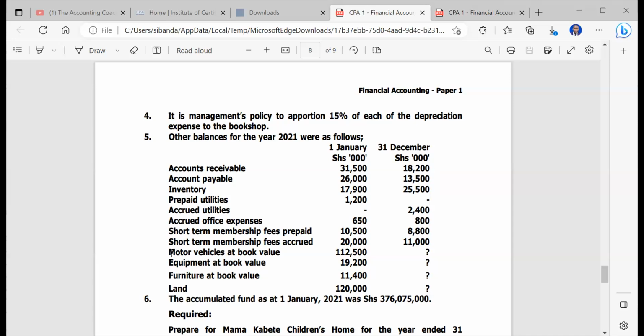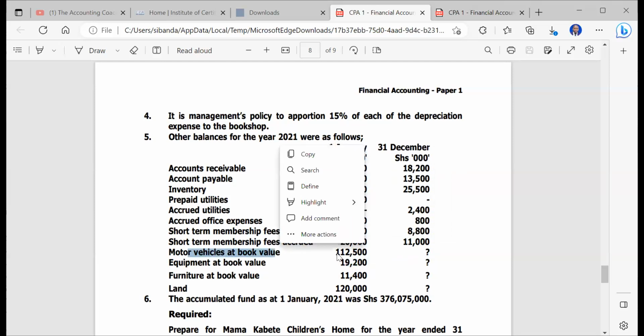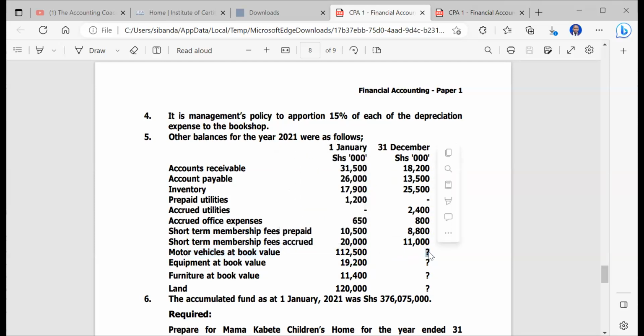They have also given us the motor vehicle at book value, and they have put question marks here. Now, what this means is that, remember, this is the start of the year, 1st January. These are net book values because I've told you these are balances. So if motor vehicle at book value was 112, what would its value be here?